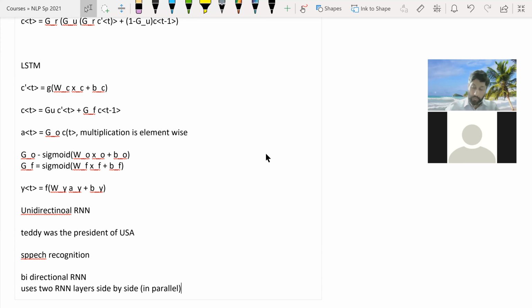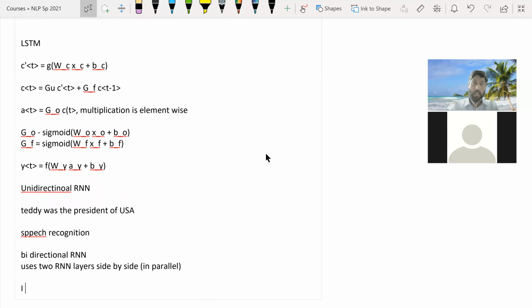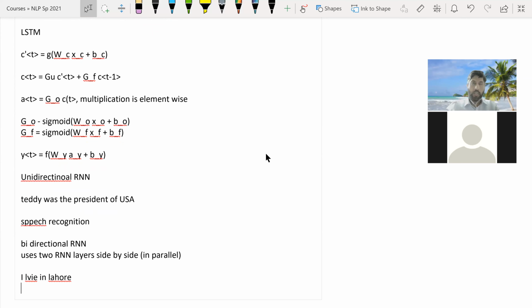And the output of both networks is then concatenated, or of course, there are other options also, at each time step. So let's say I give an example: I live in Lahore, okay? I'll call the left to right RNN R1. This will process I, then it will process live, then in, and then Lahore.